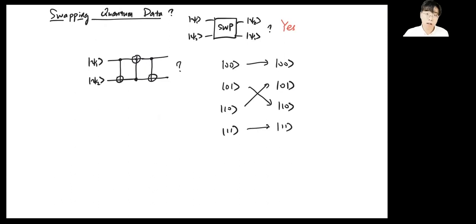So if you have an arbitrary quantum state, namely alpha 00 plus beta 01 plus gamma 10 plus delta 11, after the 3 CNOTs, you would transform each of the bases to the right-hand side where you have alpha, and then beta comes down here, gamma goes up here, and then delta stays here.